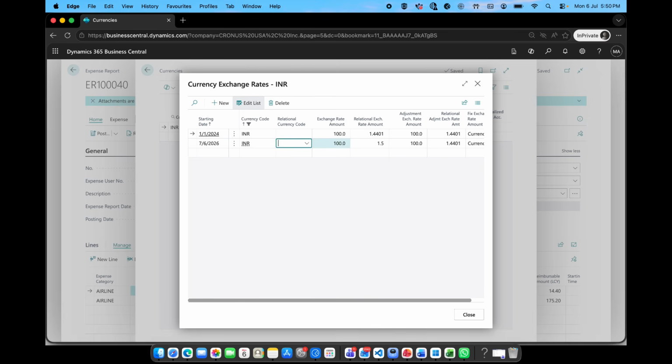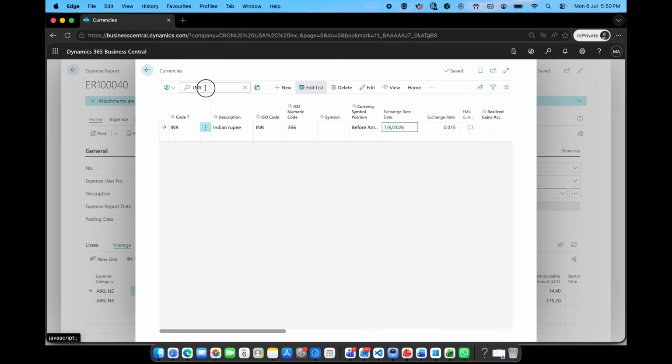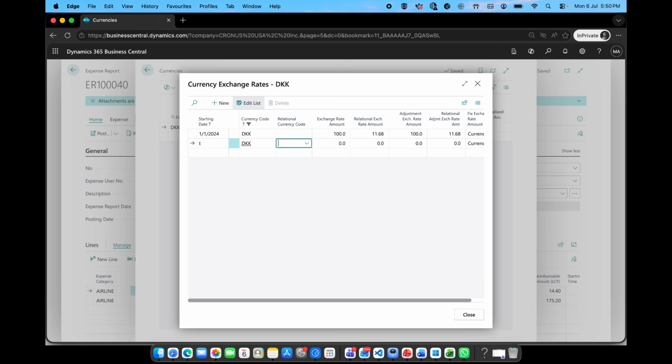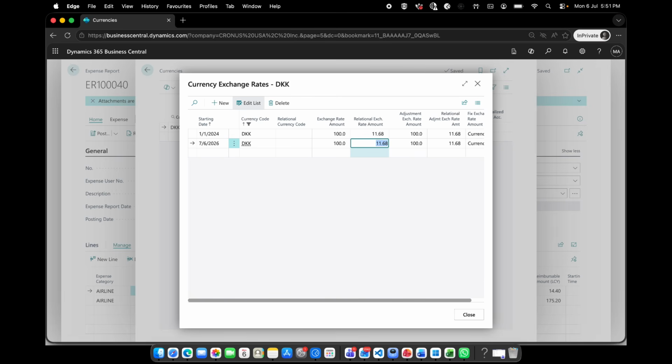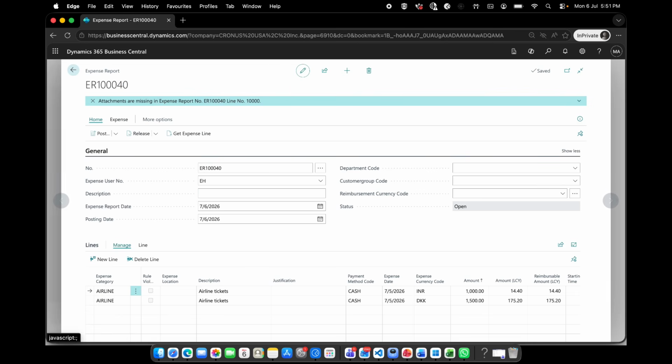Yeah, let's try 1.5. And for DKK, I'll try to do the same thing. Go here, DKK. Oh boy. So yeah, let's make it 12. All right. So I changed the exchange rate.